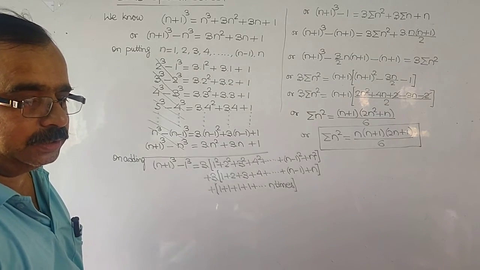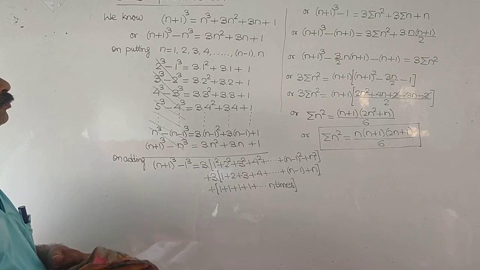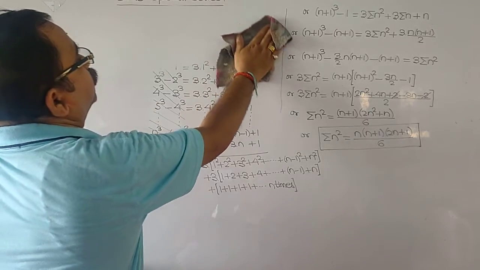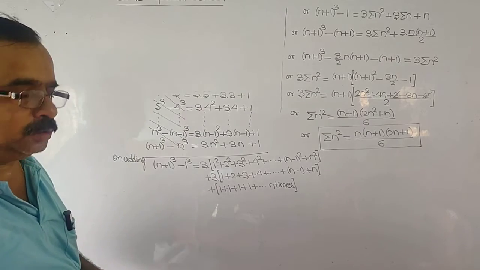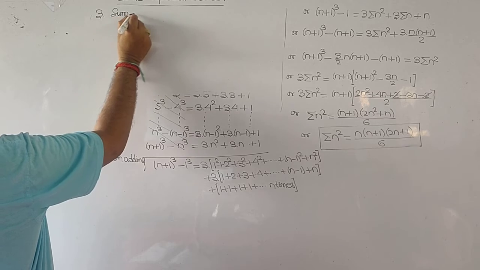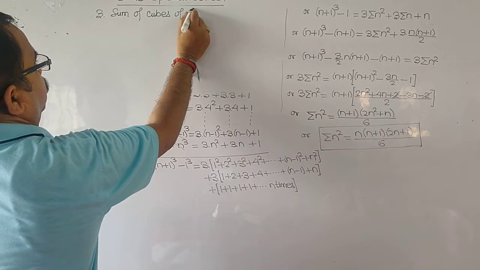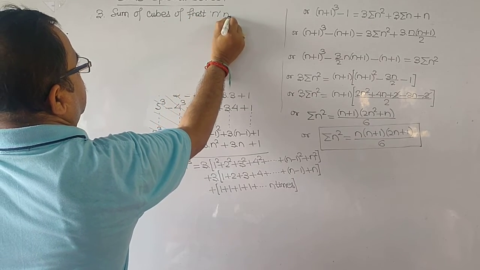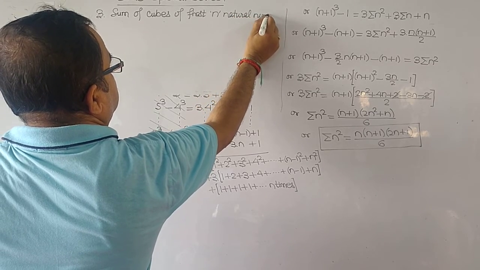Now moving ahead, sum of cubes of first n natural numbers.